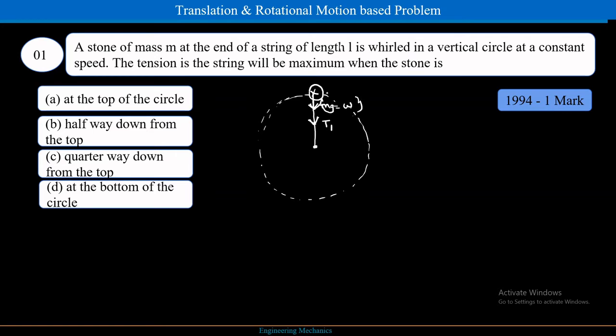But still I am rotating this, so I'll be having kinetic energy and rotational energy, right? So that will be in the upward direction. That is nothing but mv square by r. In other words, you can say it's the Coriolis, okay.